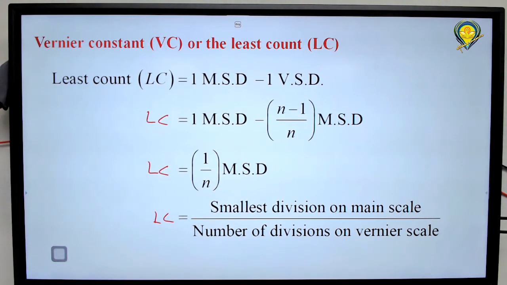So what are the formulas for least count? First formula is one main scale division minus one vernier scale division. Next, one main scale division by number of vernier scale divisions. Next, go through the example once.